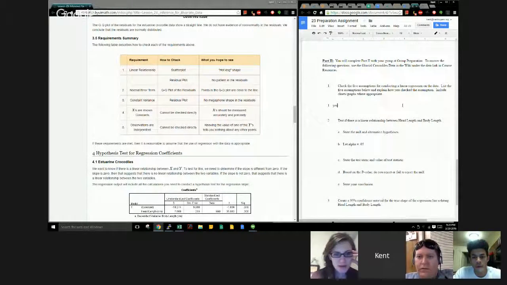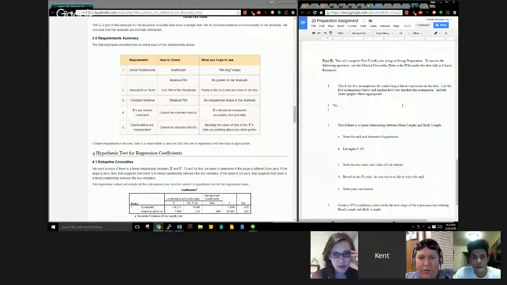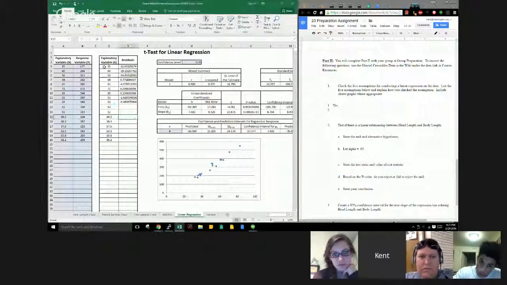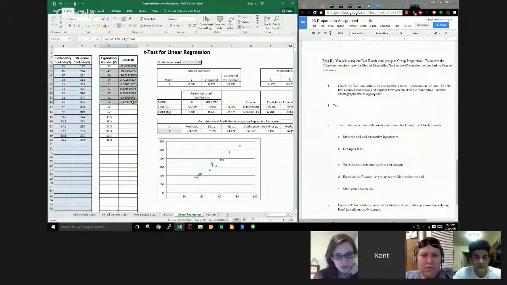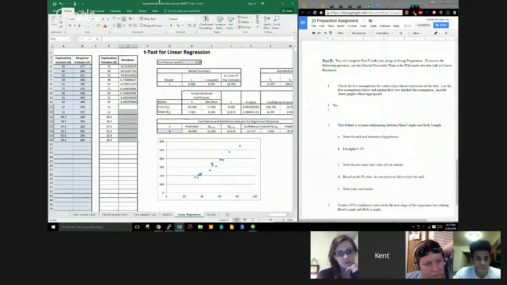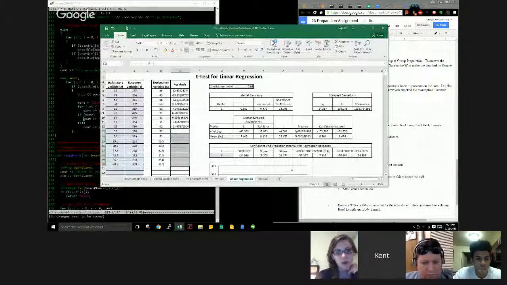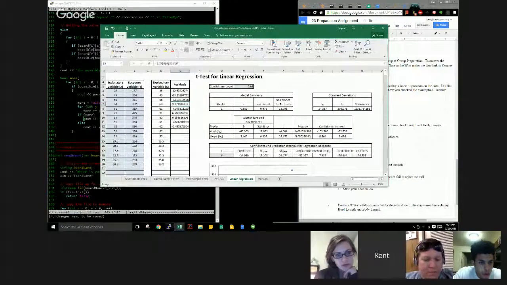Okay, do you guys know how to make a residual plot of the... Yeah, I can make that quick. So I'm just highlighting just the fields that have a residual. When you guys put this data in, half of my fields have residuals and half of them don't. Is that normal? I don't know, I haven't done that really. When you plug the data into linear regression, what do you get for residuals?